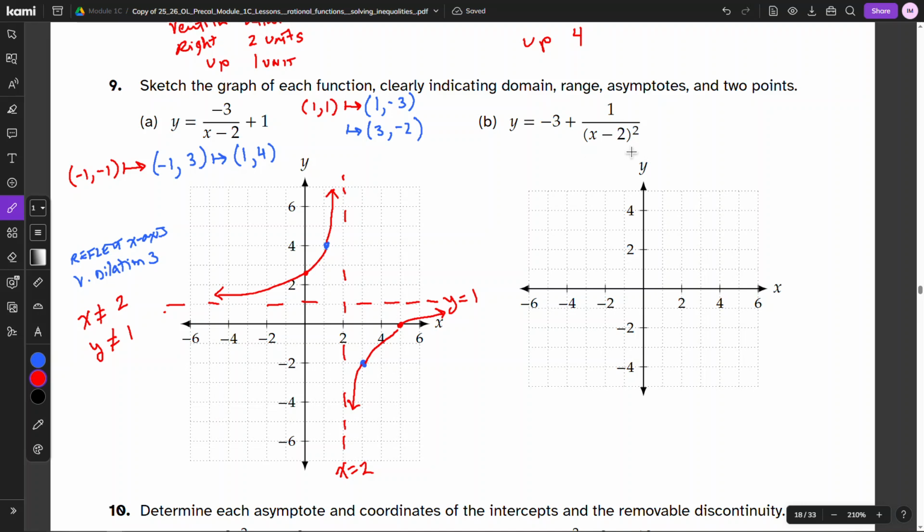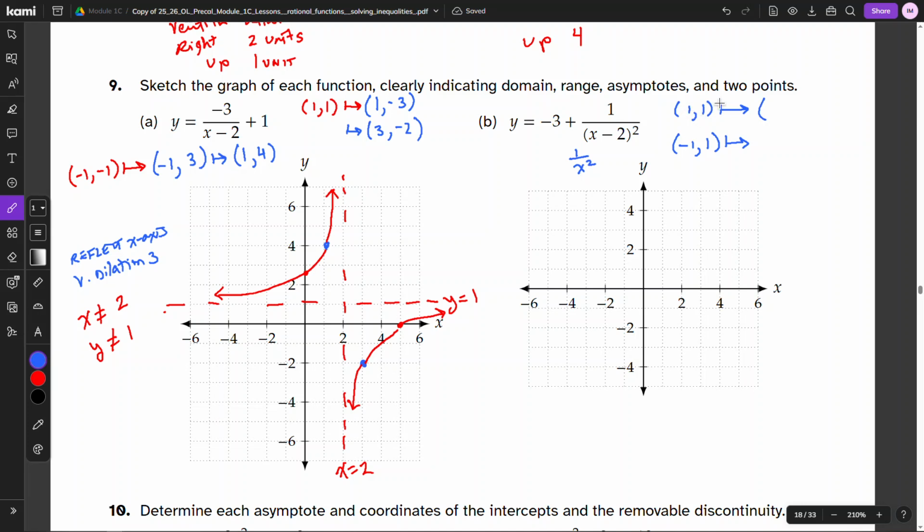For this one, same types of ideas. We've got to think about what's happened. There's only been 2 transformations. So if I know that the point 1, 1 is a key point, and I know the point -1, 1 is another key point on the graph of 1 over x squared. What have I done? Moved to the right by 2 units, moved down 3 units.